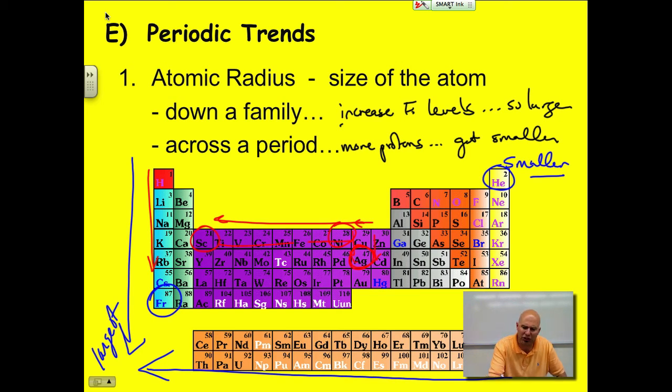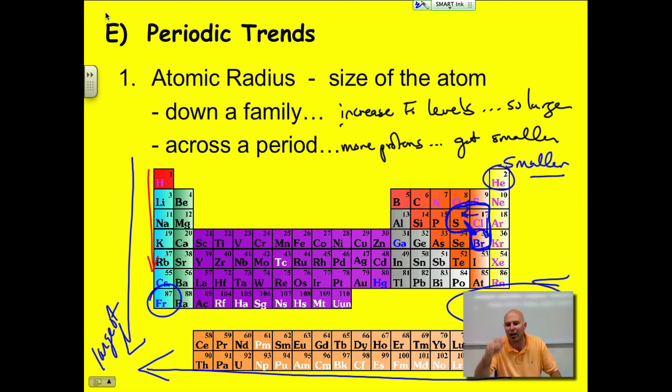But if I ask you to compare different elements, let's say sulfur, bromine, and chlorine, bromine would be the largest atom. Yes, it's larger than chlorine because it's down below. Sulfur is larger than chlorine. How do you compare those? Well, bromine is down below, so it does go larger. So that's the periodic trend for atomic radius.